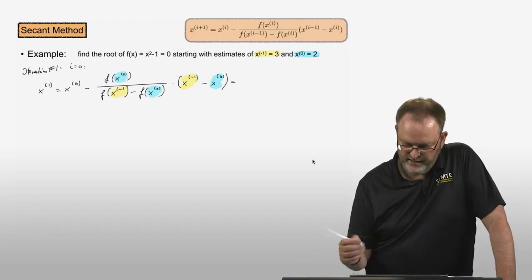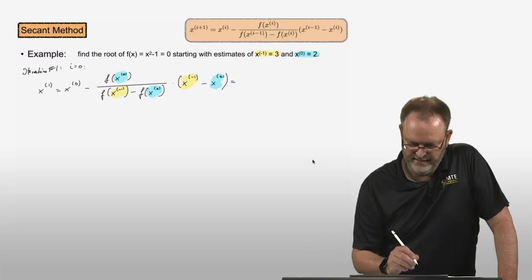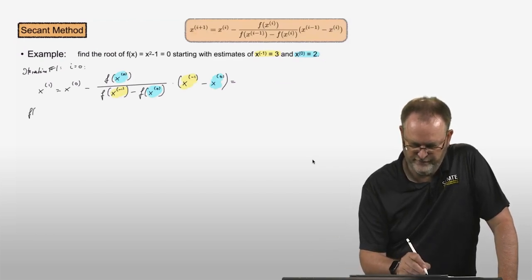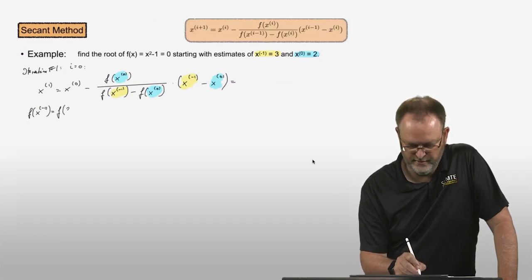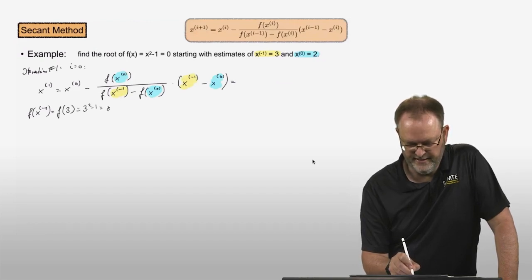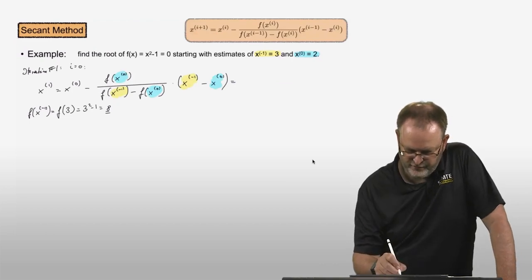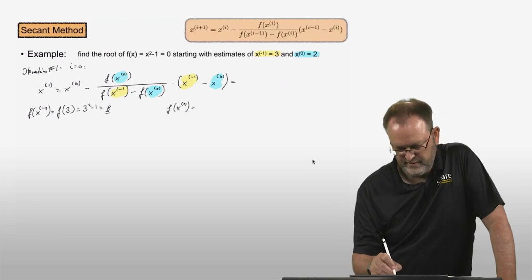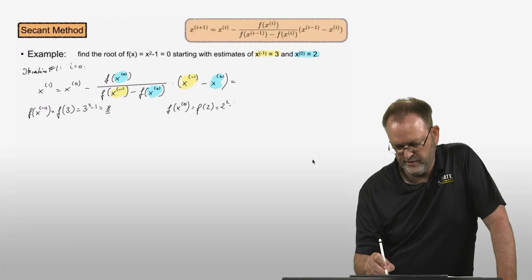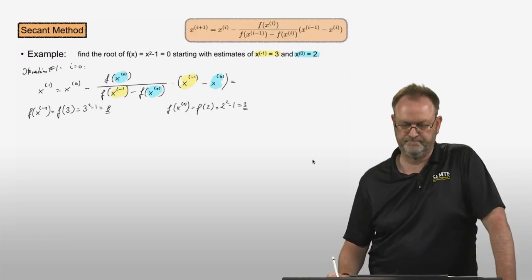Okay, so I will need to know what is f of x negative 1. So that's f of 3. It's 3 squared minus 1, that is 8. And I will need to know what is f of 2. So f of x0, that's f of 2. That's 2 squared minus 1, that's equal to 3.